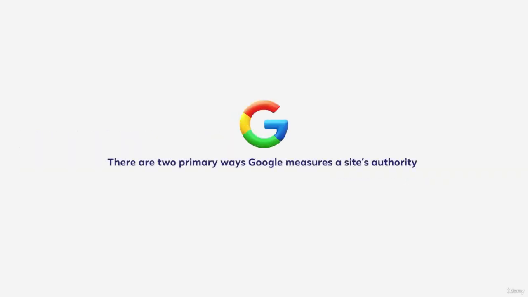There are two primary ways Google measures a site's authority. One, domain authority. Two, page authority. Domain authority refers to the overall authority a website has. Page authority means that page has received many backlinks from high authority sites.